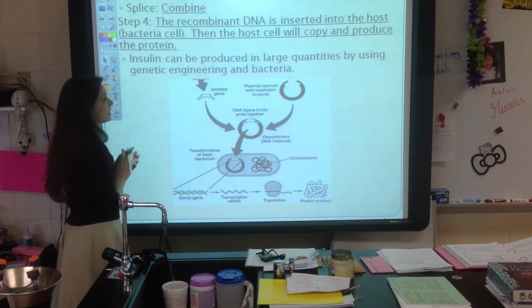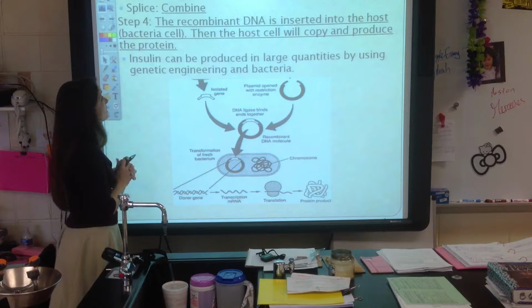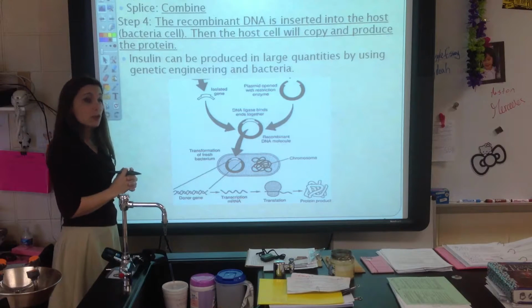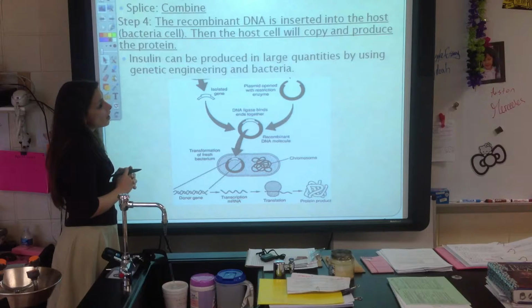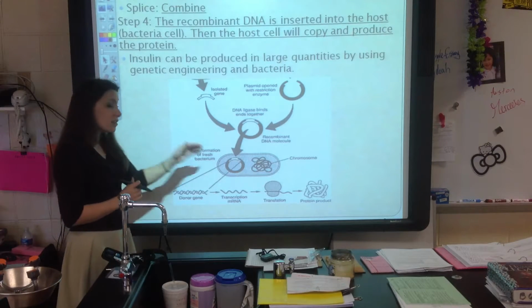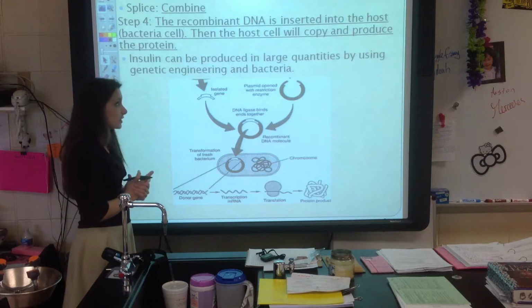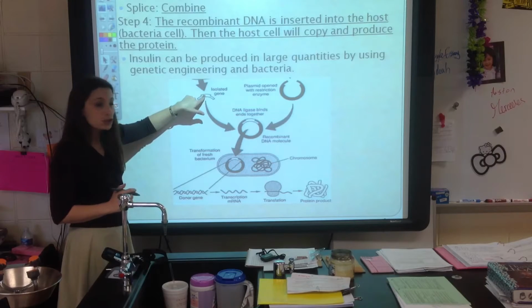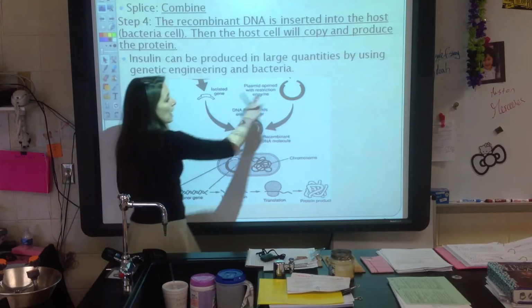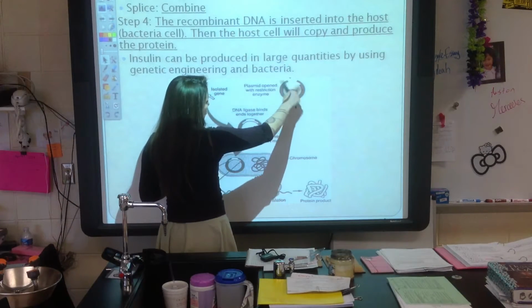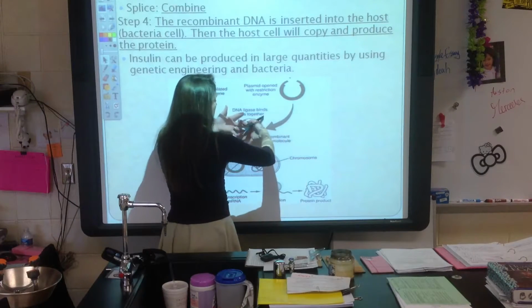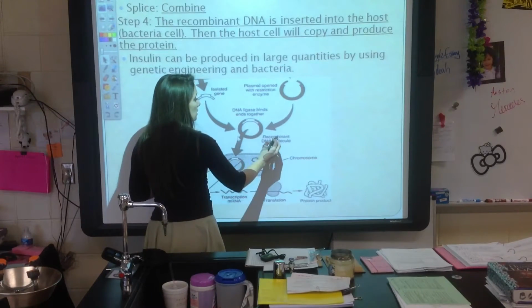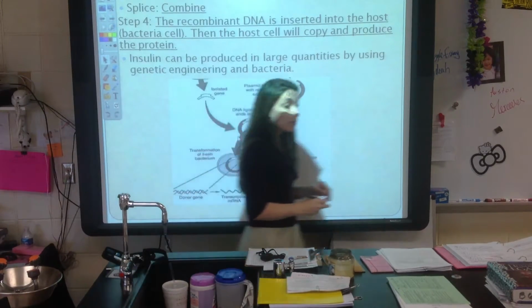So the foreign DNA and vector are spliced together. Splice means to combine. The recombinant DNA is inserted into the host. Remember, bacteria are who we're successful at this with. So we take the isolated gene that we cut with the restriction enzyme, the plasmid that we opened with the restriction enzyme, and we bind them together. And this is our recombinant DNA molecule.